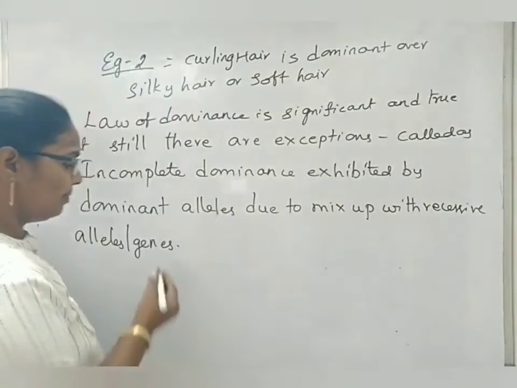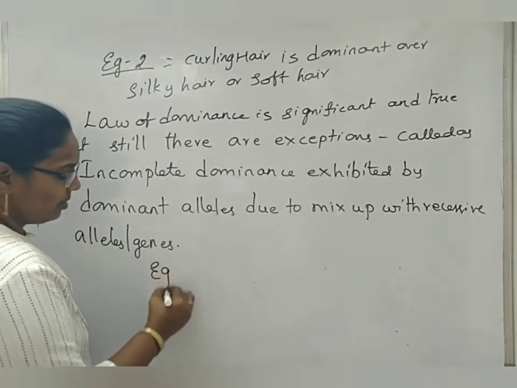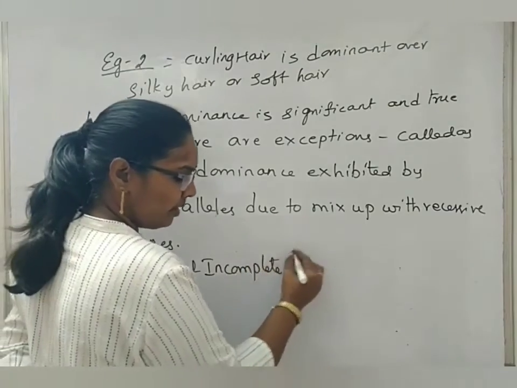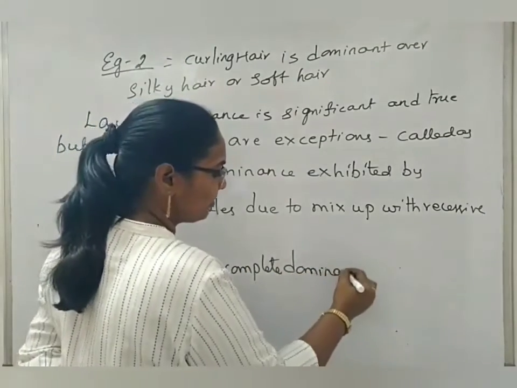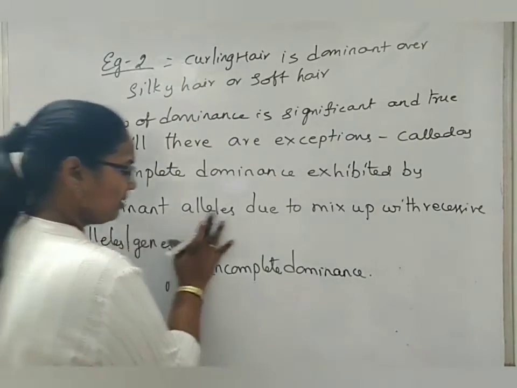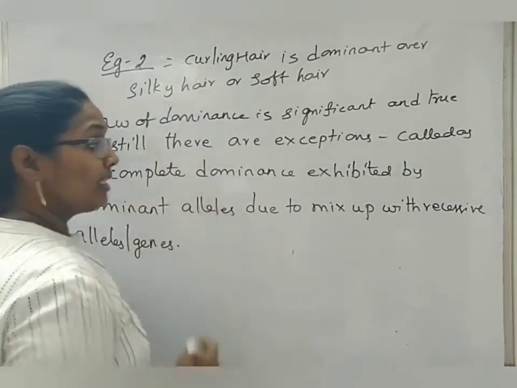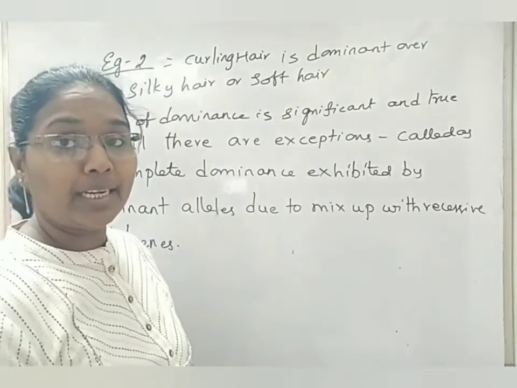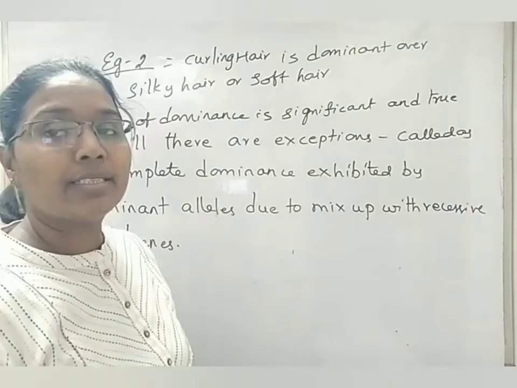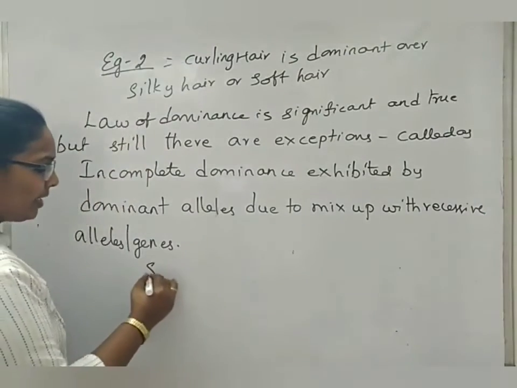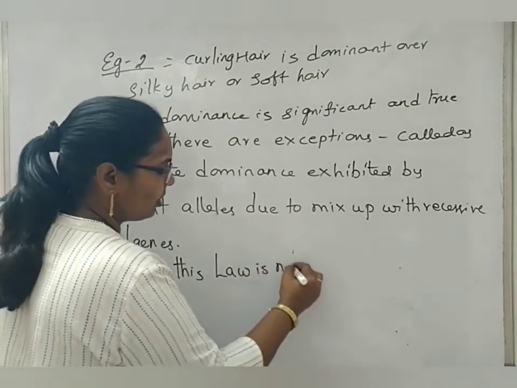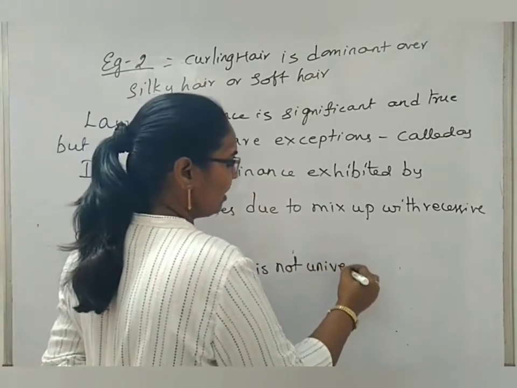Here we have some examples of incomplete dominance. One more point: due to this incomplete expression of the phenotypic character by the dominant alleles, the law of dominance is considered not universally applicable. You'll write that: this law is not universally applicable.